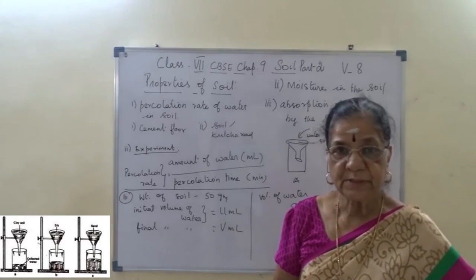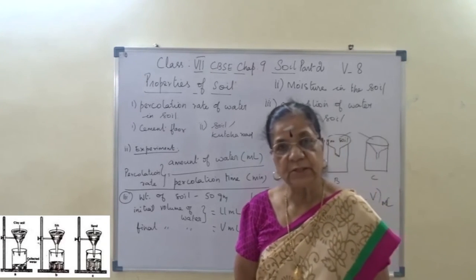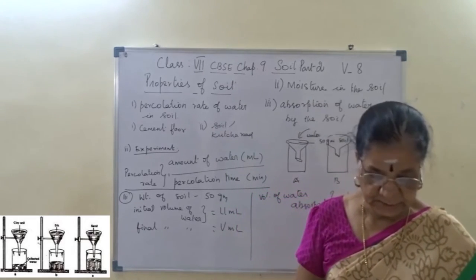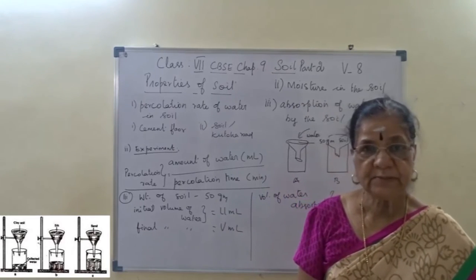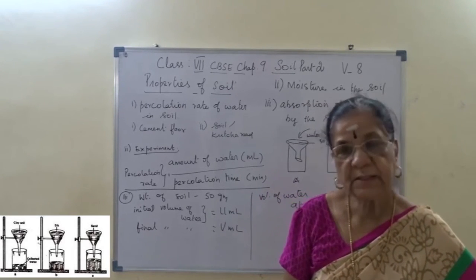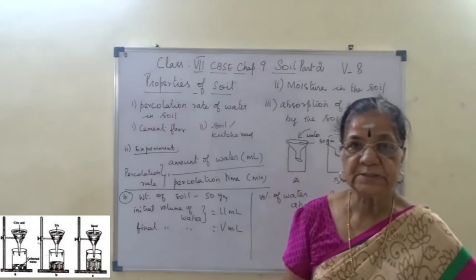Soil is affected by what factors? Question. What are the factors affecting the soil? Soil is affected by wind, rainfall, temperature, light and humidity. Humidity is moisture in the atmosphere.